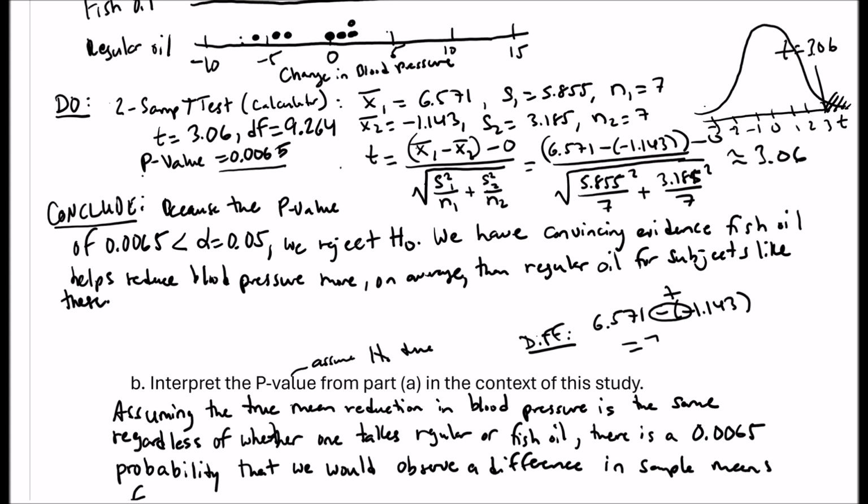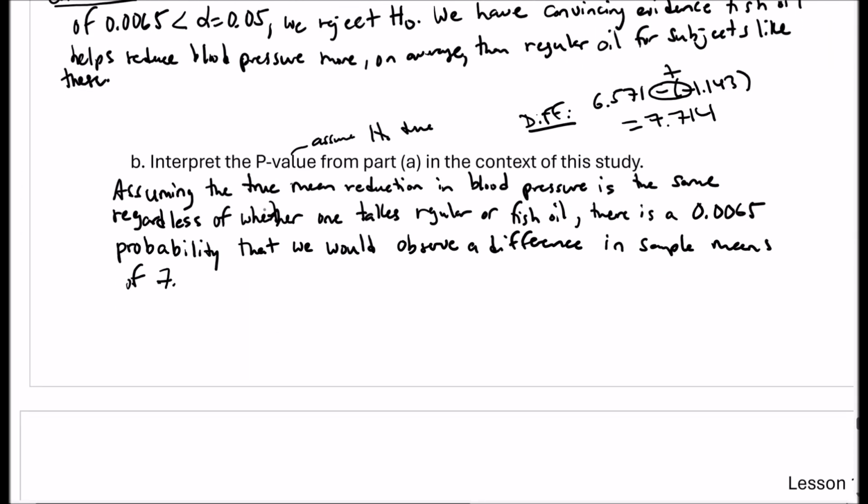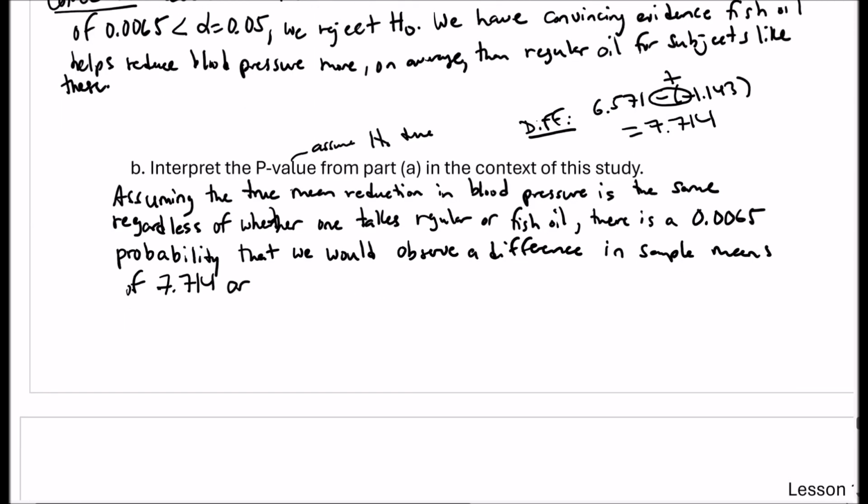So when you add this, you get 7.714. All right, so that's your difference. We got 7.714. So a difference of 7.714 or greater. How do we know it's greater? Well, because it's a right-tailed test. See that? Is that result or greater? Okay, or greater by chance alone.